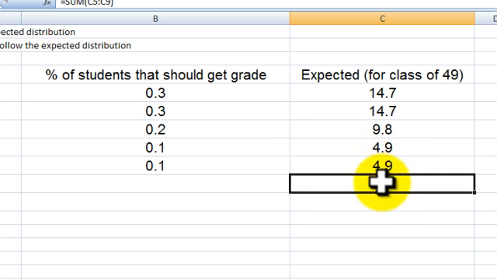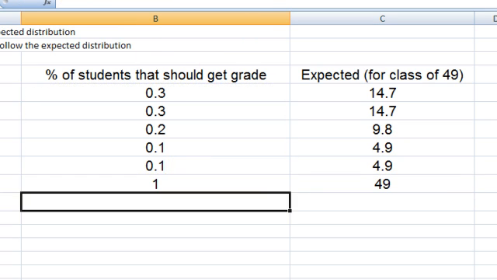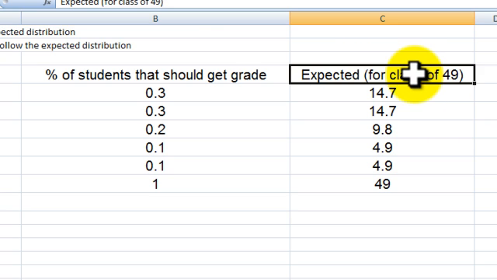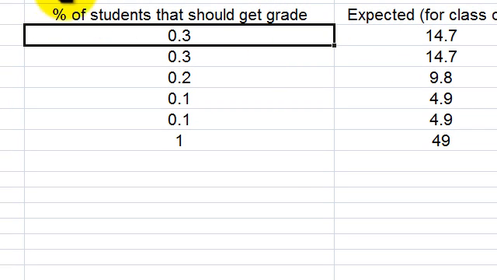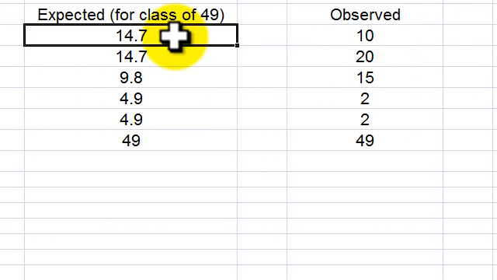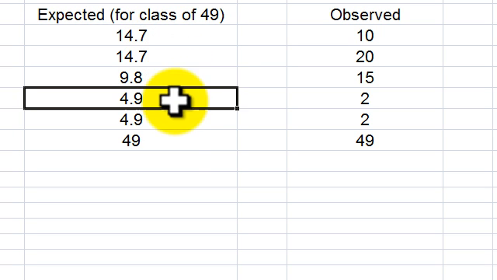That should sum up to 49, the total in my class, and as we know about probabilities, these should add up to 1, which they do. Okay? So the way I'm calculating my expected values is just taking what the expected percentages are times the total in my class, and this is going to represent number of students that should get A's, number of students that should get B's, and so on.